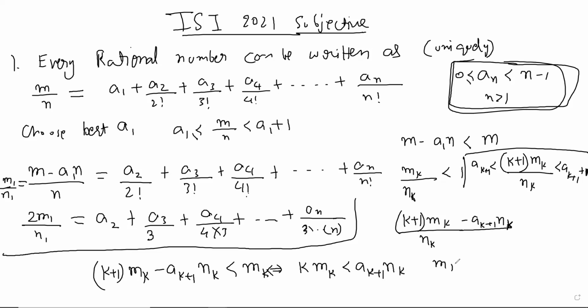And then you divide, and you have this thing is less than ak plus 1, right? And this is it, and we are done, right? Because now if you just add mk by nk on both sides, you get this inequality.